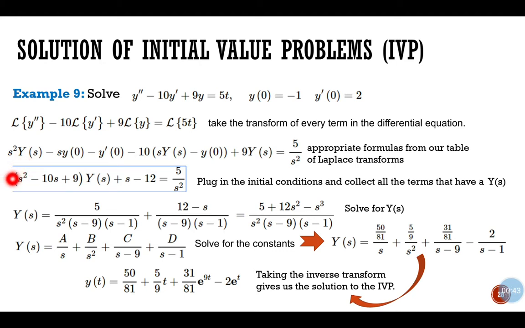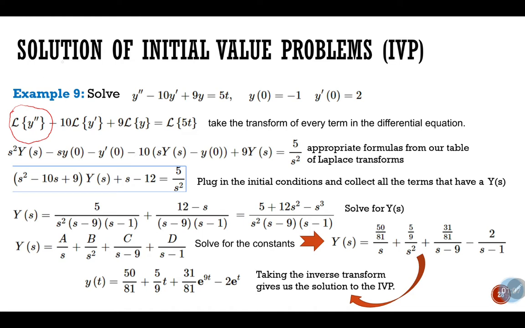The first step is taking the Laplace transform of each term inside the equation. So we have Laplace of y double prime minus 10 Laplace of y prime plus 9 Laplace of y and Laplace of 5t.